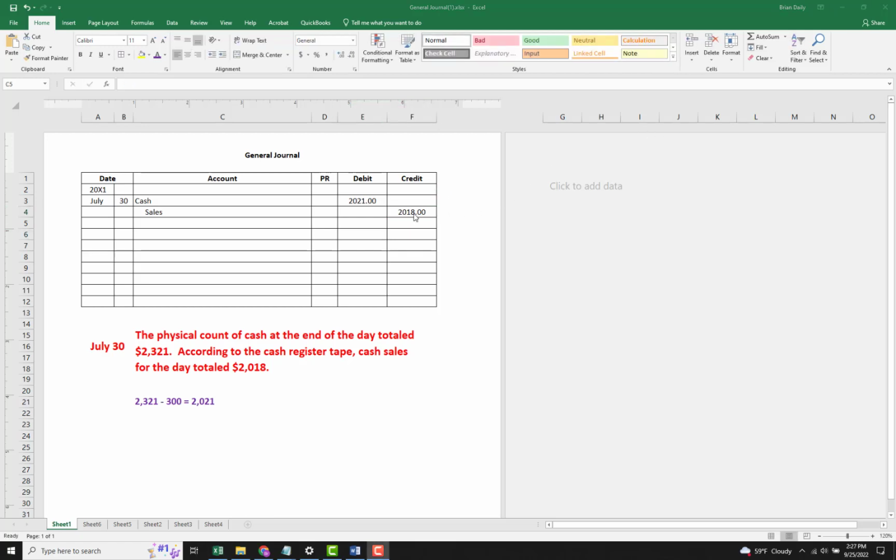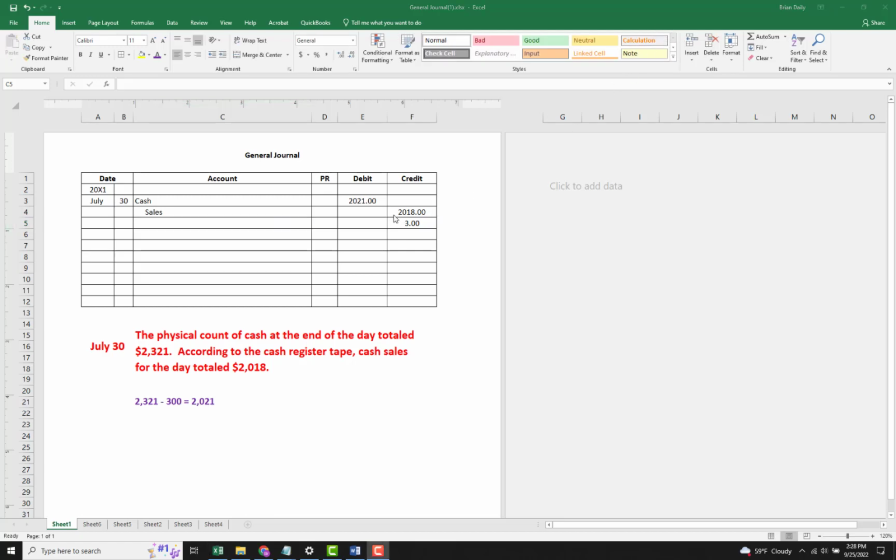Now, we know that journal entries must always balance and the debits must always equal the credits. And that is not the case yet for this journal entry. We are short on the credit side. If we take the difference between 2021 and 2018, that gives us a difference of 3. So we need a $3 credit in order for this journal entry to actually balance.